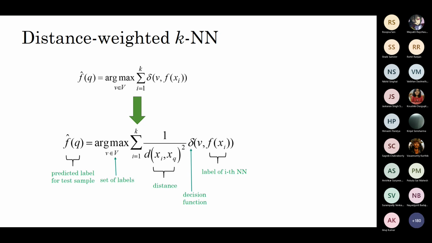But ultimately you have to take the maximum of this. That's why I said argmax. It is very standard. Because ultimately you want to produce the label of the majority category. That's why I said argmax. It's just shorthand. Got it. So we are calculating the summation for every label in the set capital V and taking the max finally.